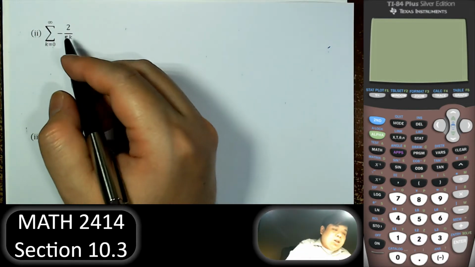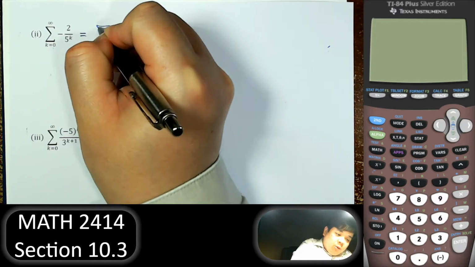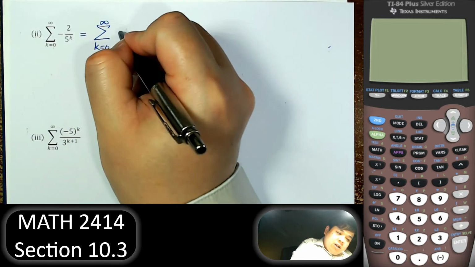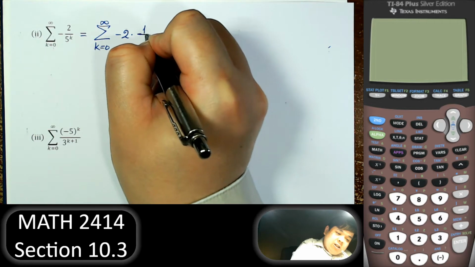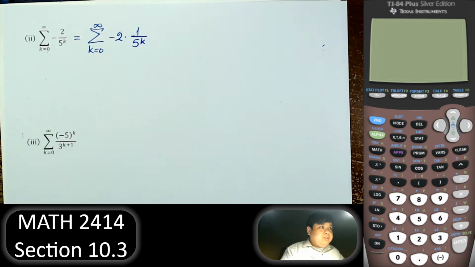When we look at this, it will be easier if we rewrite this by taking the -2 outside. Alright, like that.